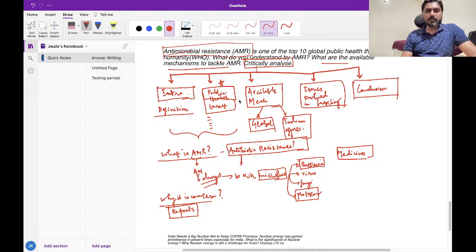Here it is already saying that it is one of the top 10 global public health threats. You can use other reports to justify this. There are many reports on this. There is the GRAM report, that is, Global Research on Antimicrobial Resistance.